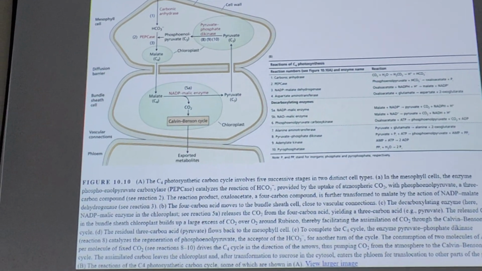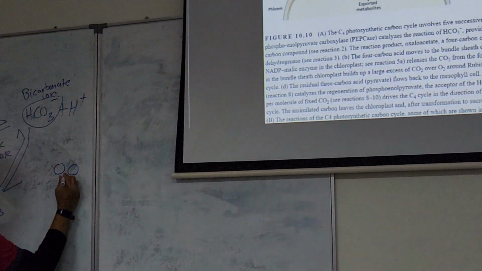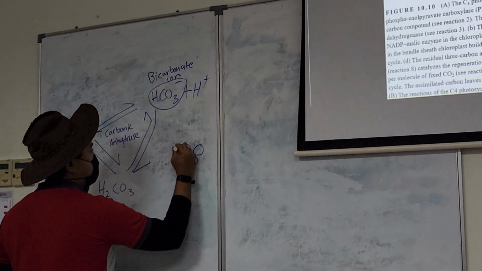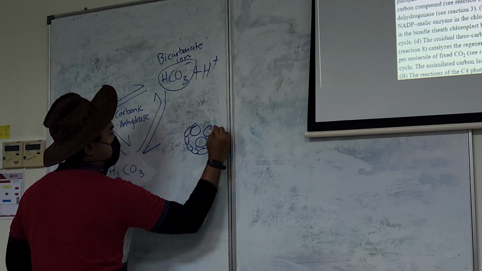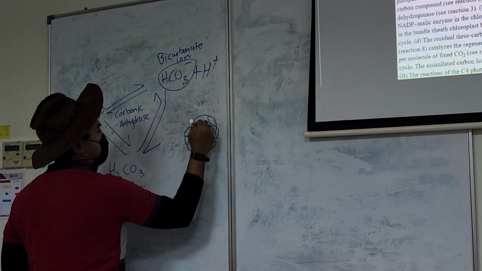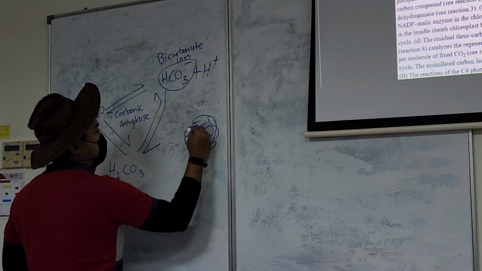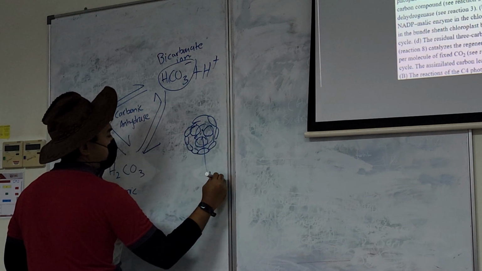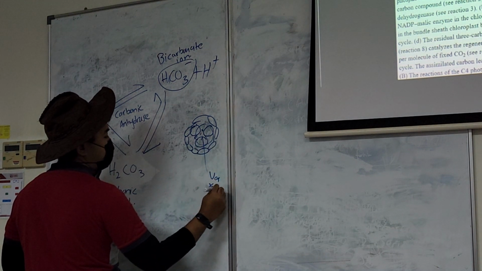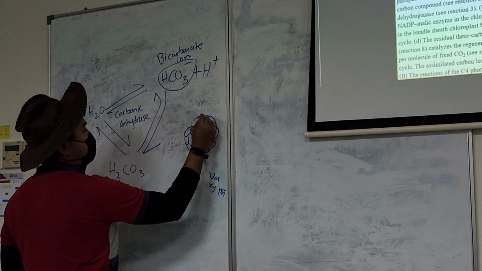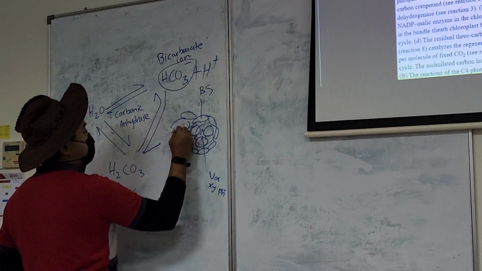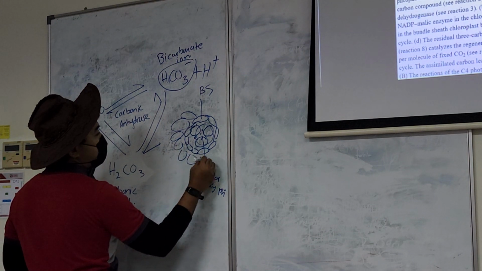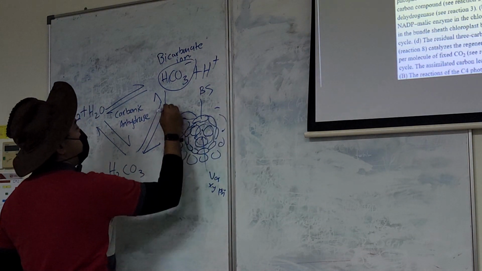So if I may draw the vascular system like this, so in the middle here, you got your vascular system, xylem and phloem. Surrounding here, you got your bundle sheath. Outside the bundle sheath, you got your mesophyll.